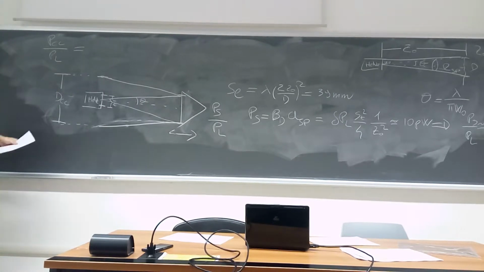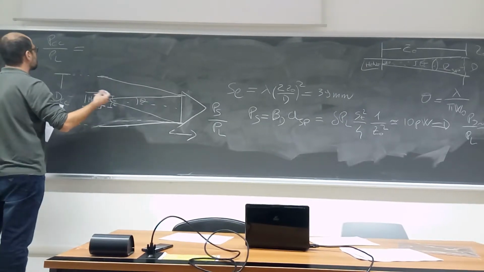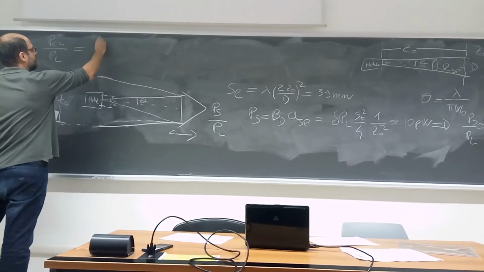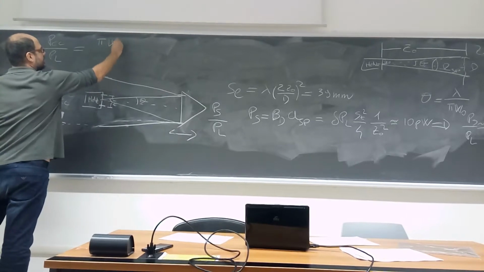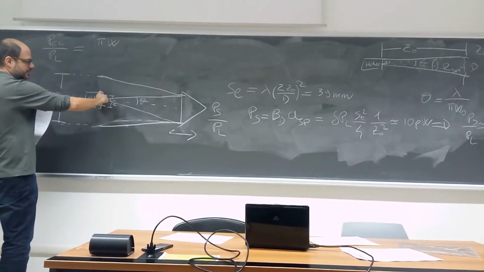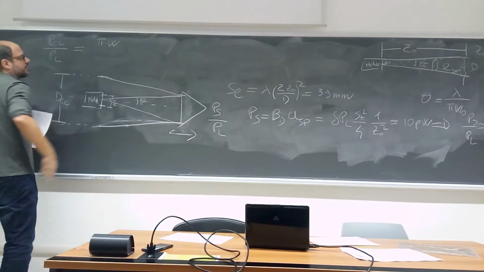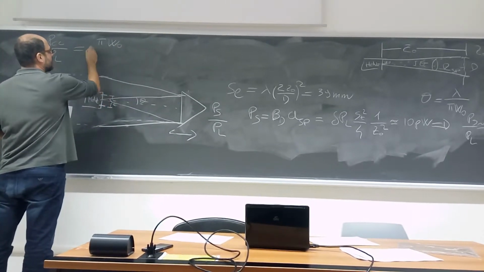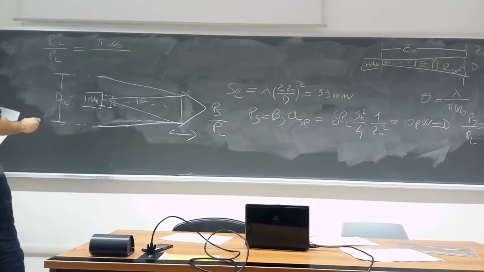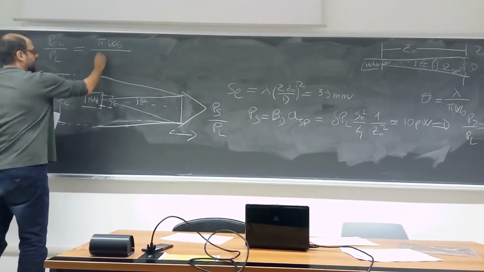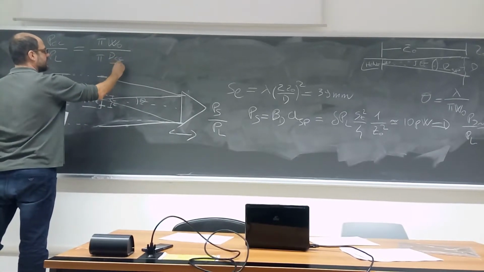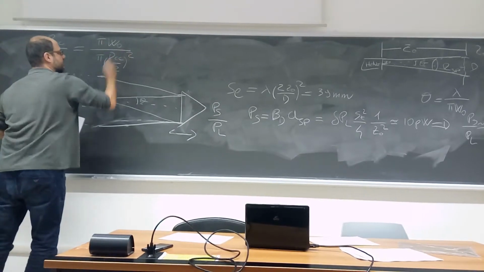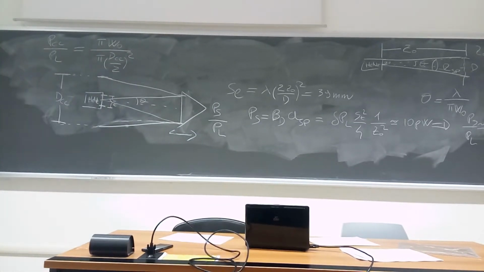Because this is simply given by the ratio of the power in the output dimension of the laser. So this is pi multiplied by 0.02 divided by pi dc divided by 2 squared.